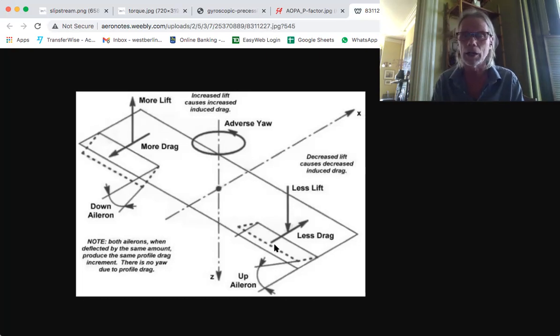Induced drag is caused by increased angle of attack. As you increase the angle of attack of an aircraft, what happens is there's more pressure underneath the wing and less pressure on the top of that wing. Okay, and the air will flow from the high pressure up into the low pressure area in a spiral like a tornado, and it will, of course, build from behind the aircraft.